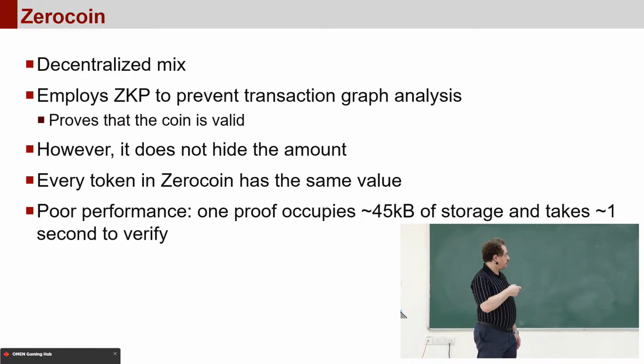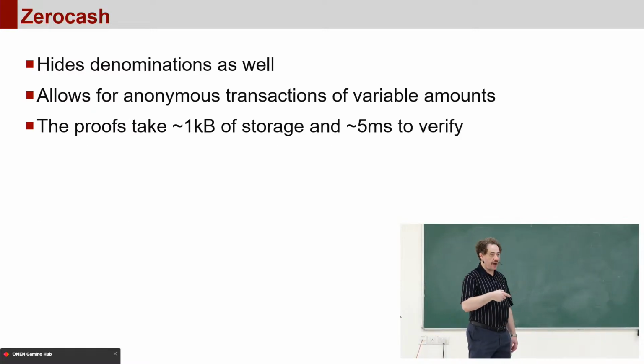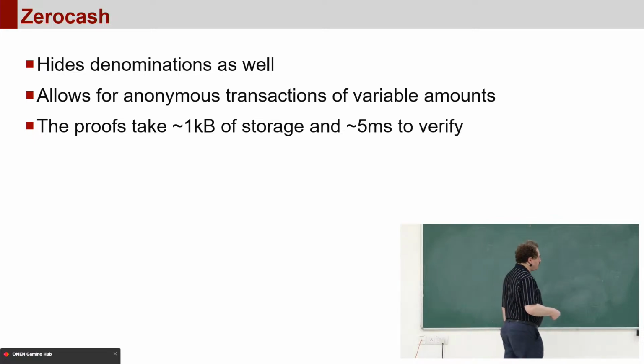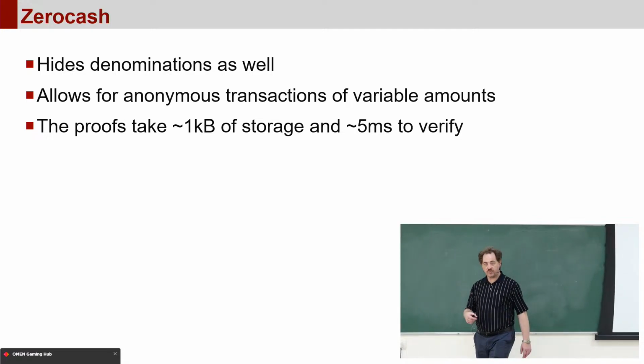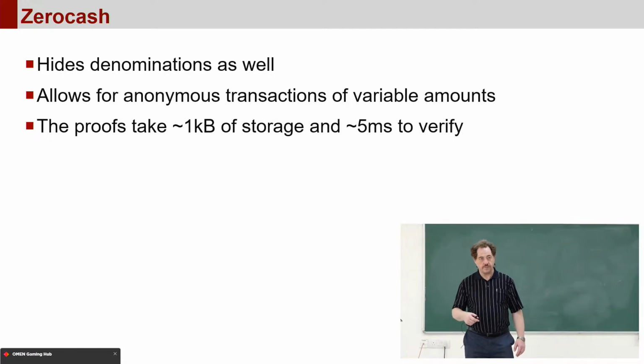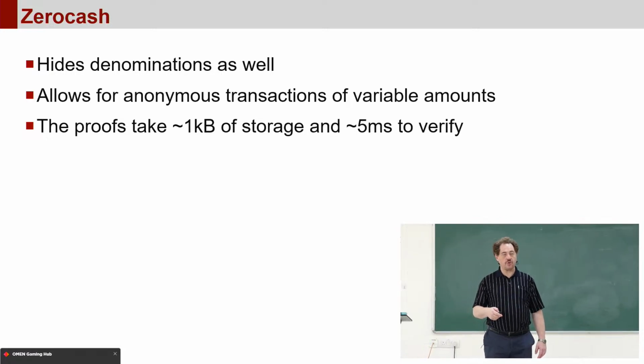Then, pretty much the same authors came up with the idea of Zerocash. Zerocash was like an evolution of Zerocoin. Zerocash hides denominations as well. So it not only mixes transactions and uses zero-knowledge proofs, but it also hides how much.